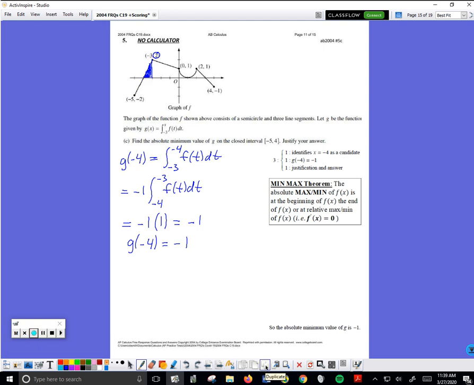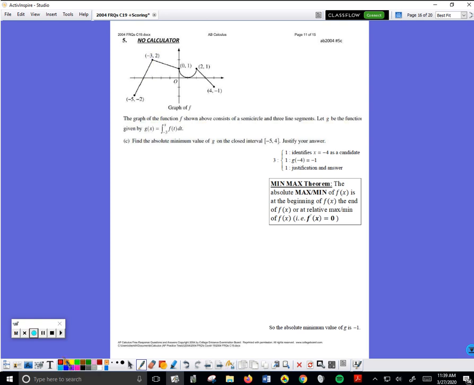So copy this. I'm finding G of 4 now. The integral from negative 3 to 4. That one does not need to be reversed. So from negative 3 all the way to 4. So along here, the values of f are all positive.